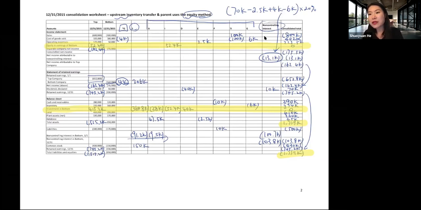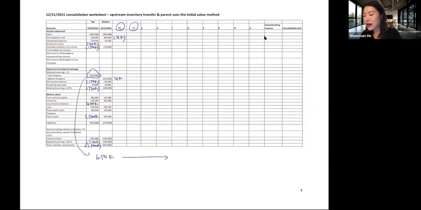So the parent's beginning retained earning under the equity method is different if the parent is using the upstream versus downstream transfer. So now just pay attention that the number we need to refer to is, instead of 652, now it is 652.8 thousand. That is the same number as if the parent used the equity method with an upstream transfer.